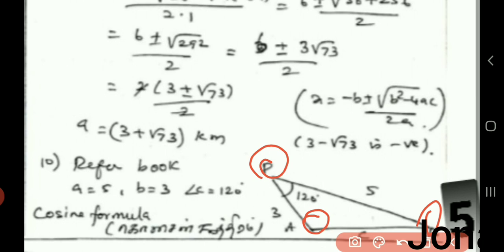If AP is 3 km, BP is 5 km and angle APB is 120 degree, then find the length of the tunnel to be built. We want to find the length of the tunnel here. From this problem it's given A equal to 5 and B equal to 3 and C equal to 120 degree.